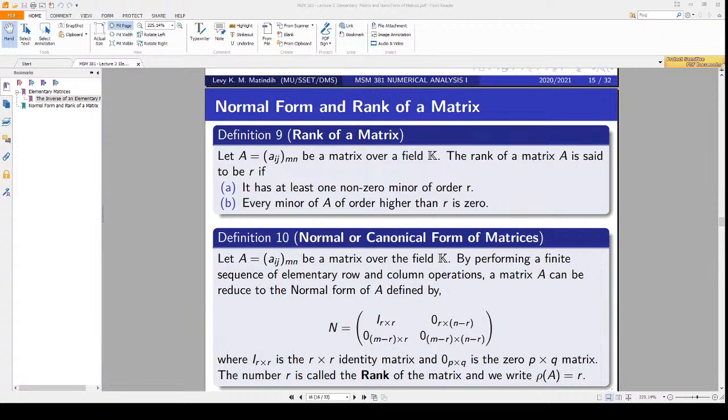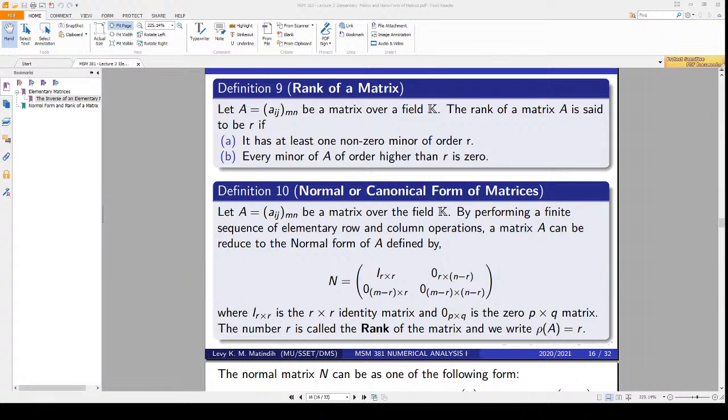We are going to see in the example how this N looks, where I_R is the R by R identity matrix, and O_{P by Q} is the P by Q zero matrix. The number R is called the rank of the matrix, and we write rank of A is equal to R.